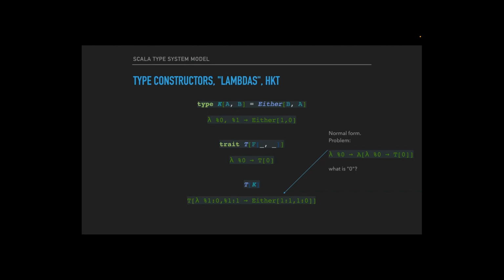Now, what happens if we apply type T to type K? The result would be a proper type obtained by applying type T to the corresponding type lambda. Note that we use additional disambiguating indexes on the lambda parameters. And that is an imperfect normal form, which allows us to write down lambdas in a more or less unambiguous way.